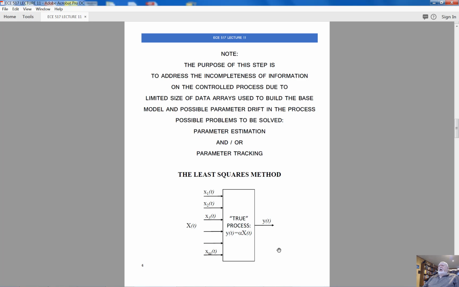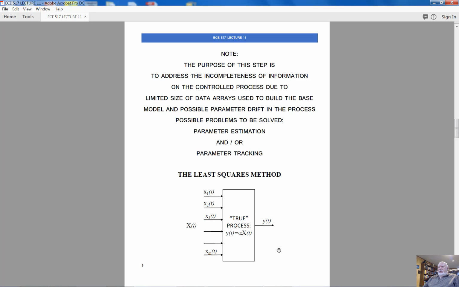When we got our base model, no matter how many observations we used, we were still dealing with limited size of data arrays. Whether this size was sufficient or insufficient is not clear from the very beginning.